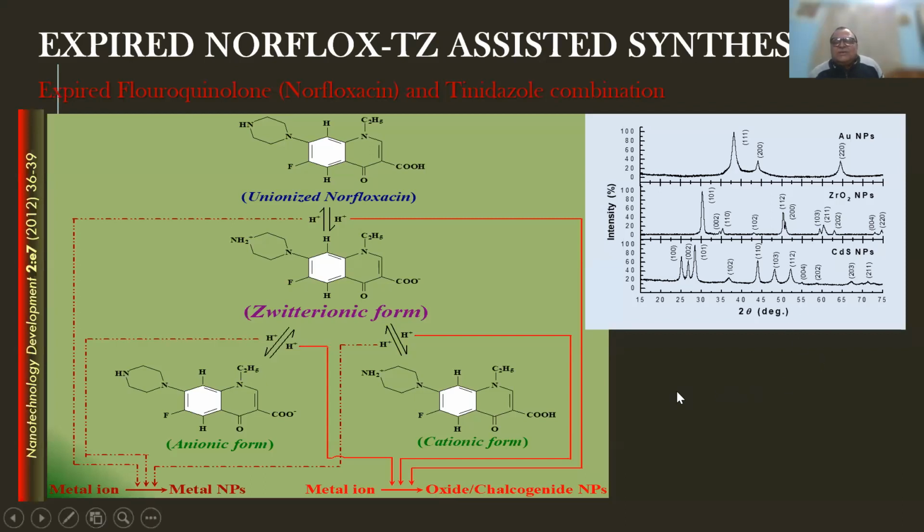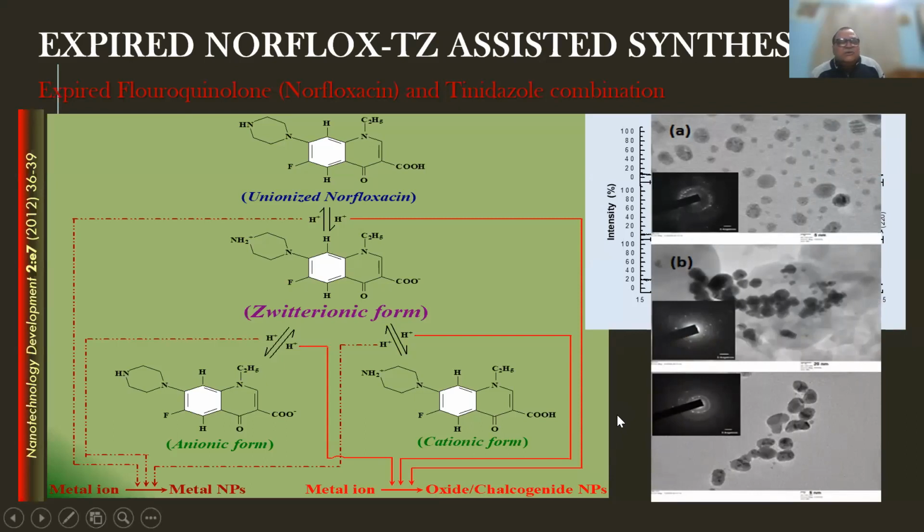Similarly, we get better results with Combiflam, we get results with Betnesol and others. Paracetamol even also does that. So norfloxacin is a representative molecule for us, which basically signifies that the expired medicines can also be taken into use for preparing nanomaterials for remediation purposes, for cleaning purposes, for sanitation purposes.